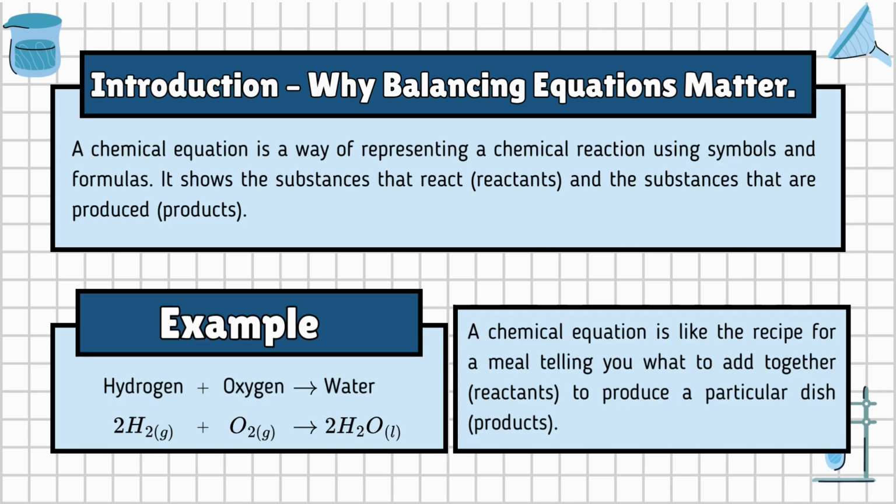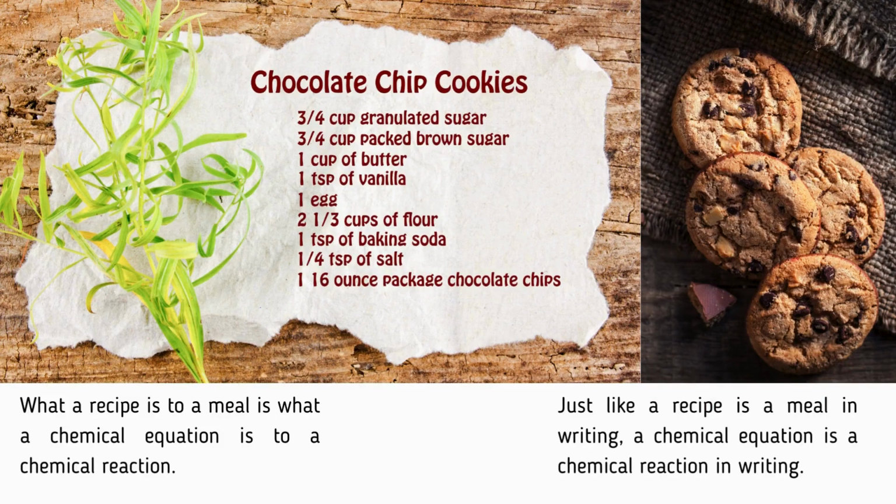Now, here's an example that you can all relate to. On the screen right now, there is an image of some chocolate chip cookies, and then there's a recipe for it. On the right hand side, you can see the product, the chocolate chip cookies that are ready to be eaten. But on the left hand side, this is something that we call the recipe. Now, what is a recipe? In this case, this recipe is telling us the things that we should combine together in order to get chocolate chip cookies.